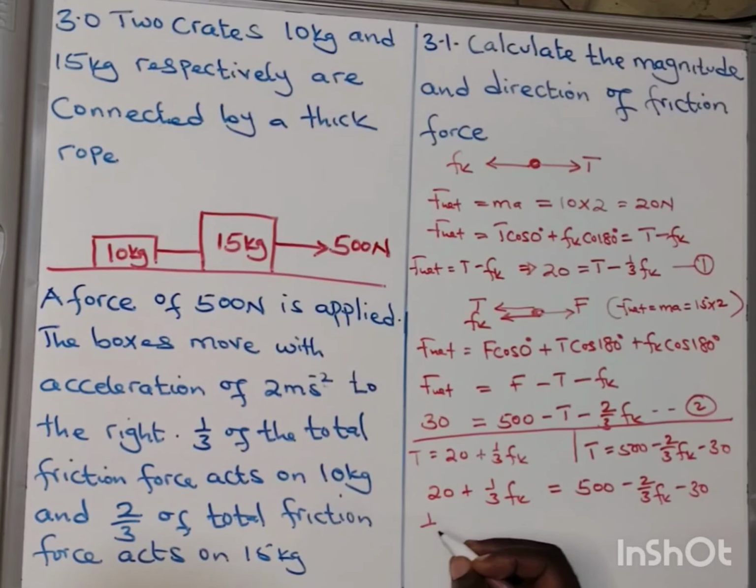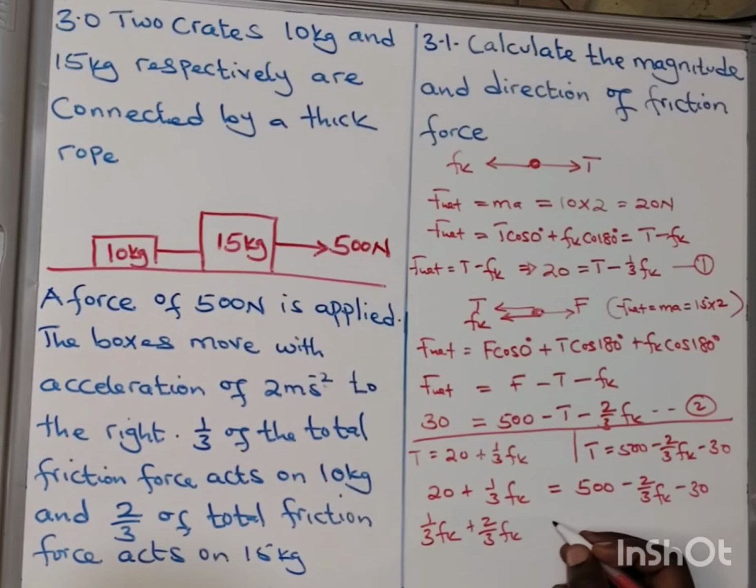We are going to get 1/3 Fk plus 2/3 Fk is equal to 500 minus 30 minus 20. So when you sum up this one, what do you get? You get Fk. And what do you get from here? We get 450 newtons.